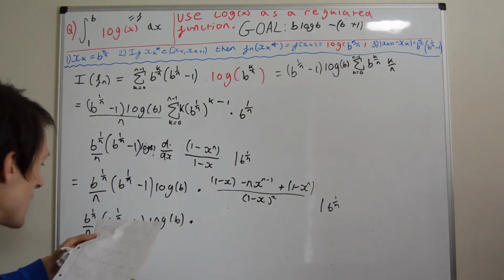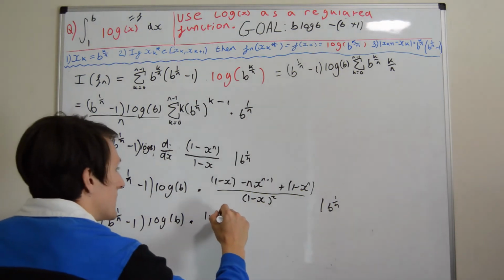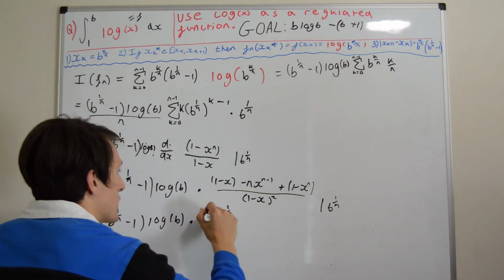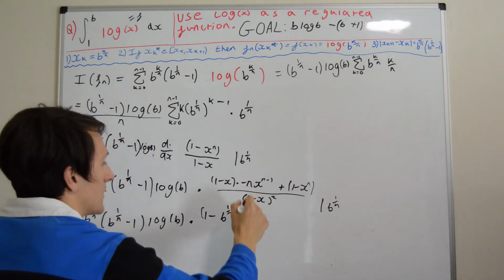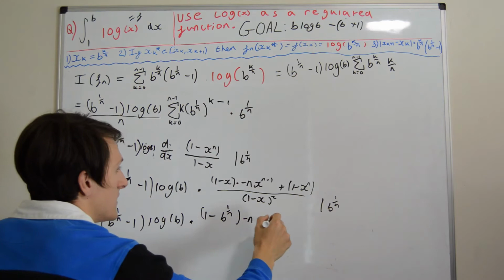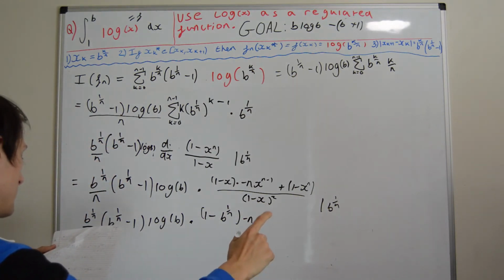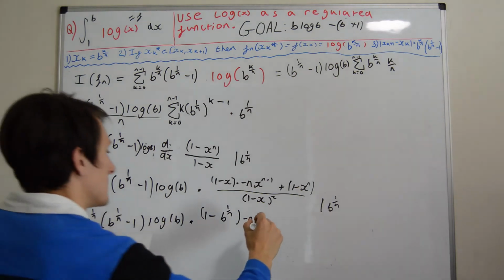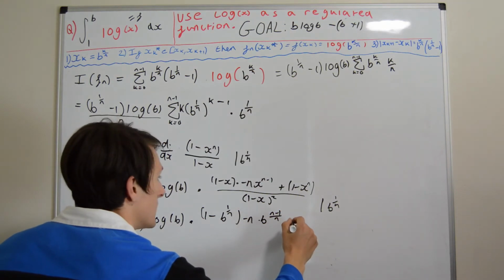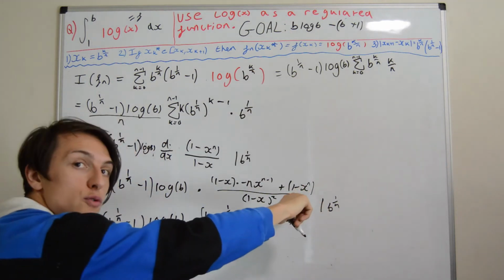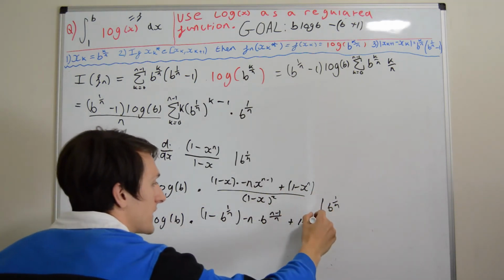But anyway, we move on. So let's sub this in. So we get 1 minus nth root of b. Okay, and obviously this is times minus n, and then it's b times b to the n minus 1 over n plus, well, when we're subbing the nth root of b here, I get 1 minus nth root of b to the power of n, that's going to be 1 minus b.